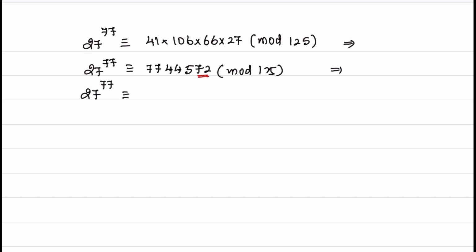This becomes 72 mod 125. This is the value of 27 to the power of 77.